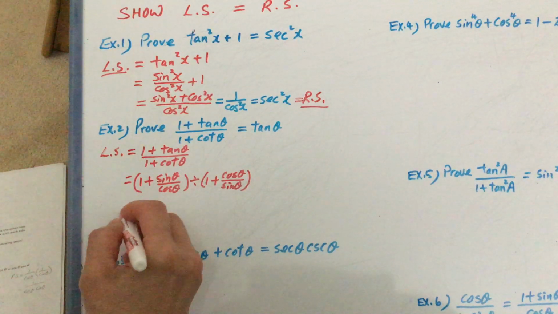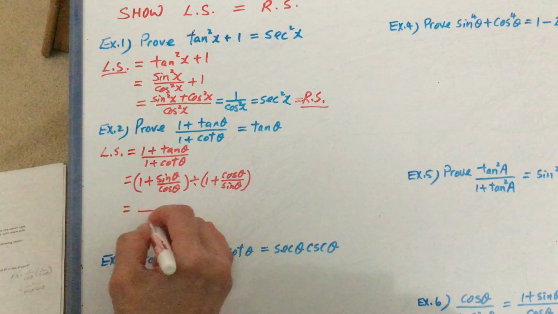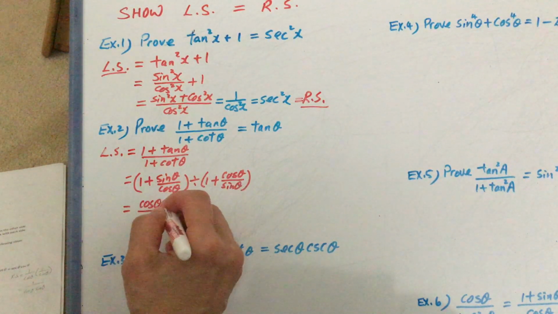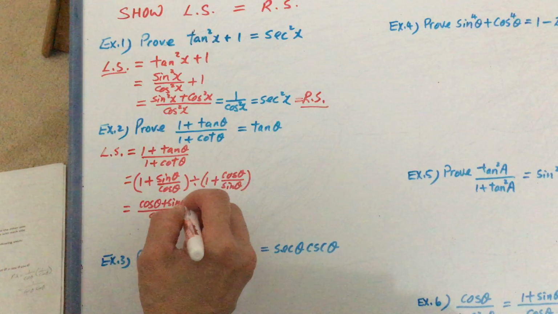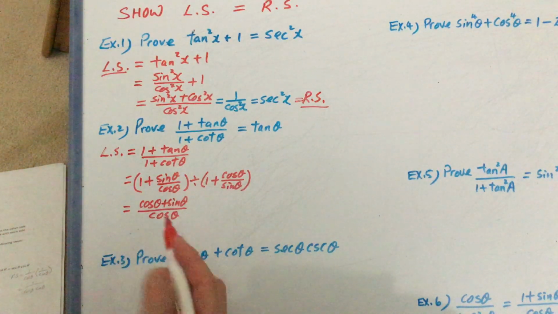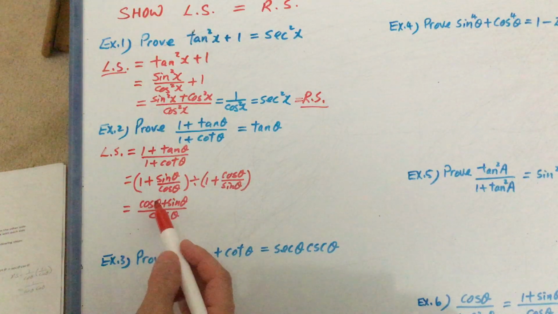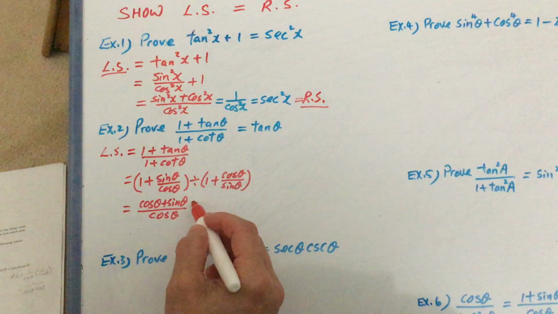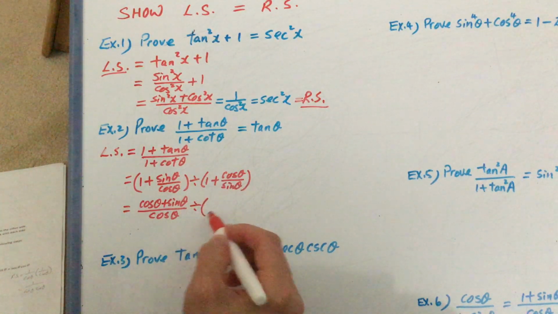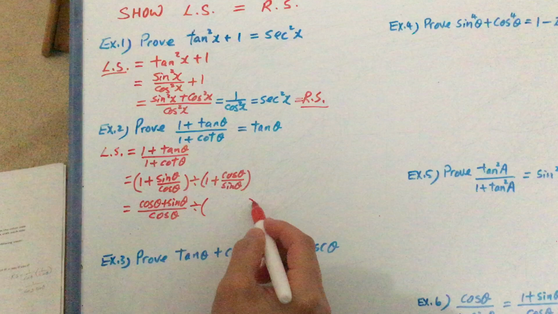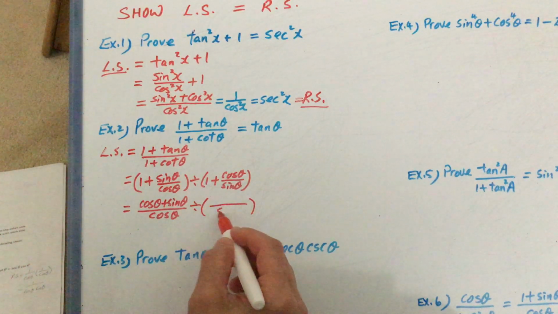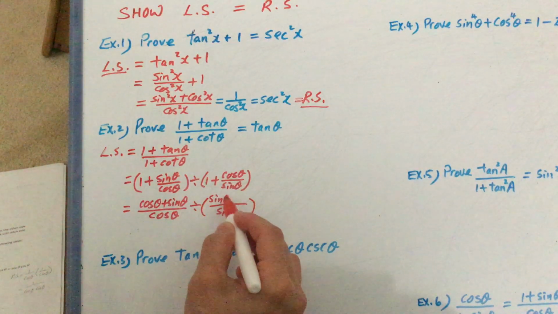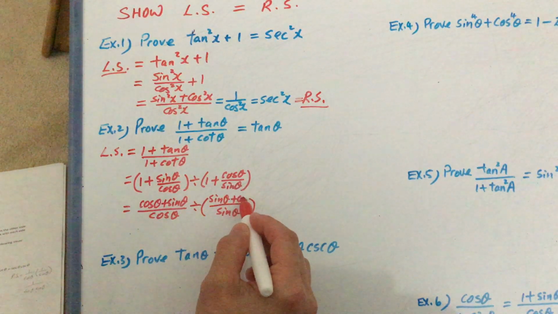Then I'm going to do a common denominator, so I will have cos theta plus sine theta. And don't forget, this is not the Pythagorean identity, because this one is not cos squared theta plus sine squared theta, so be extra careful. This is divided by a common denominator of sine theta, and you will have sine theta plus cos theta.